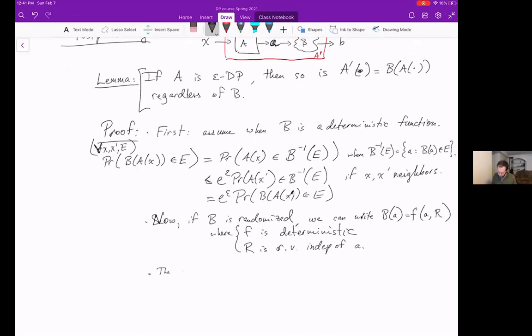First, let's consider an algorithm A double prime of x that produces A of x and also generates a sample from the random coins R. That's also epsilon differentially private, just because all it's doing is running A and then appending a bunch of independent stuff.